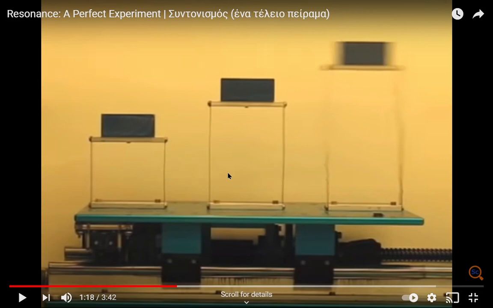So we are going to increase the frequency some more and see what happens.